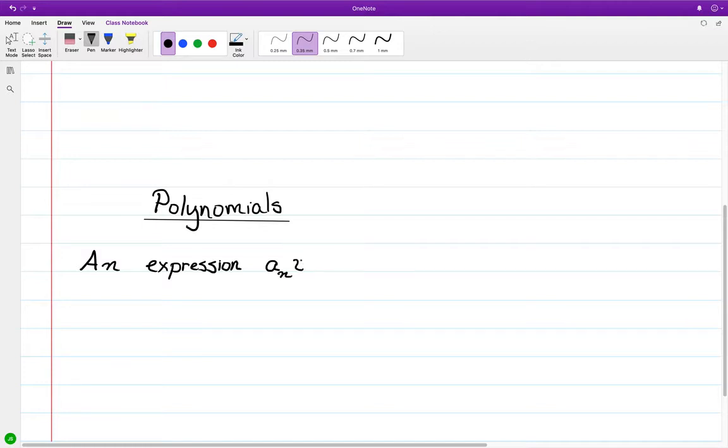So we have a of n, x to the n, plus a of n minus 1 times x to the n minus 1, and for what I have subscripted for a and superscripted for x, you have going down one at a time.